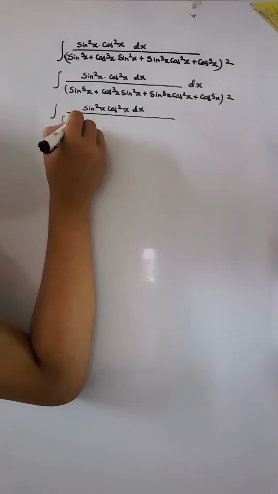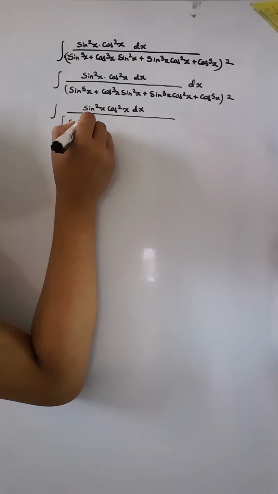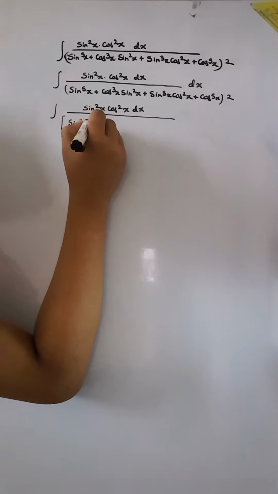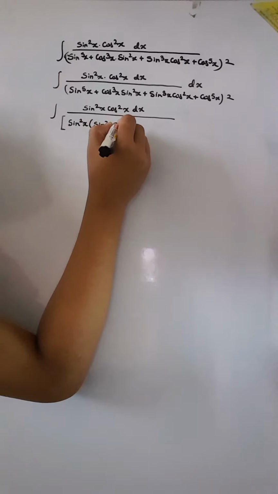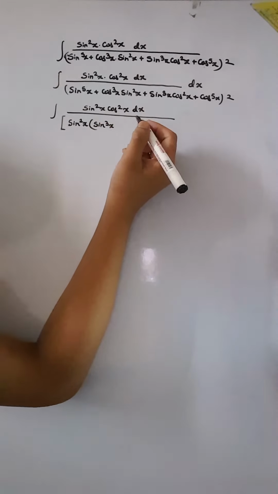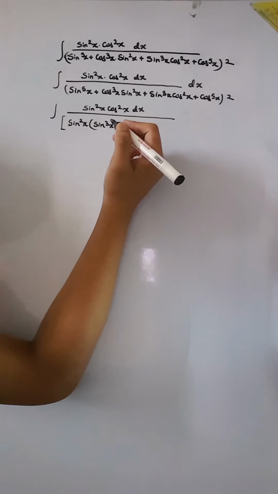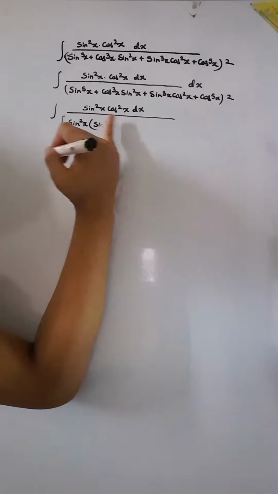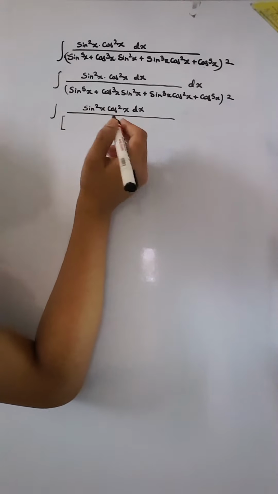So what we can do is we can take sin square x here as common. Then we can make this as sin cube x, or we can simply take, I guess, cos 5x as common. Yeah, we can simply take cos 5x as common in this case. We need to make it in a form of tan and cos.